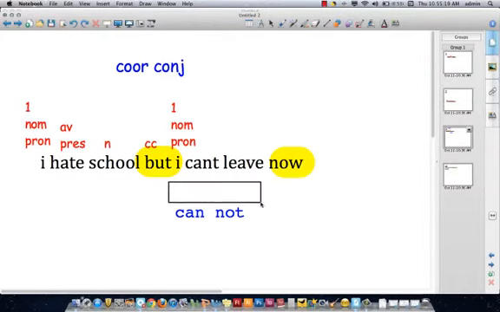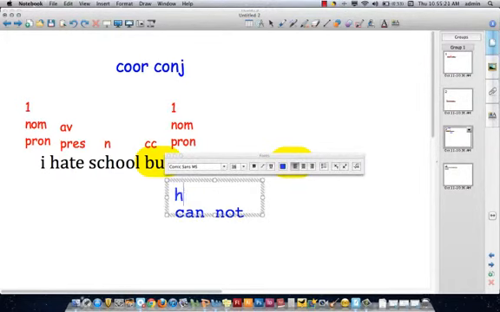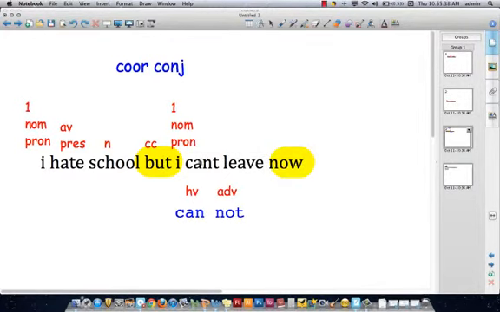So can was a helping verb, and not, as you know, in the notes it even says not is always an adverb. So most of you didn't get that one incorrect. You just didn't label not at all and forgot that it was there. So for can and not, that's what you need to do there.